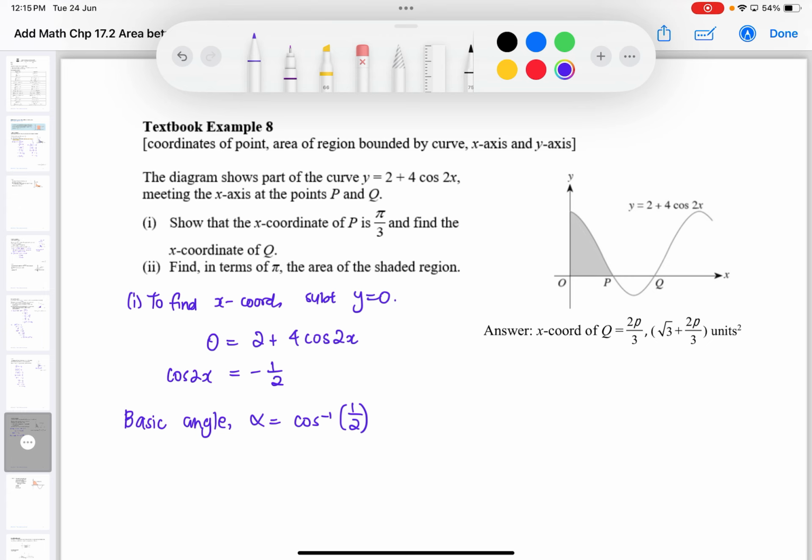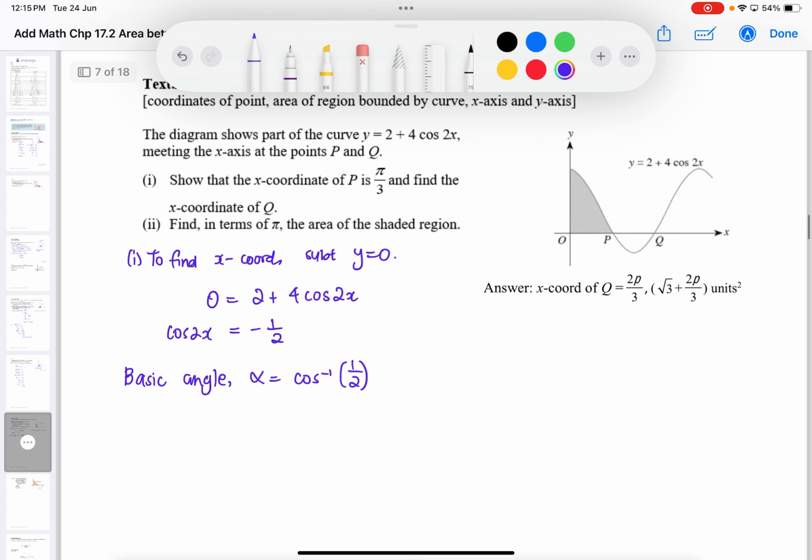Very good. Somebody memorized the special angles. Okay, this is a special angle, pi over 3. If you cannot remember, you can use your calculator in degree mode and then convert it to radians.